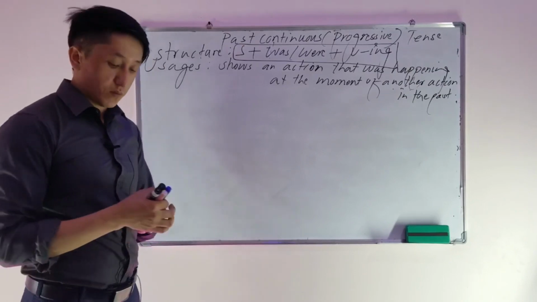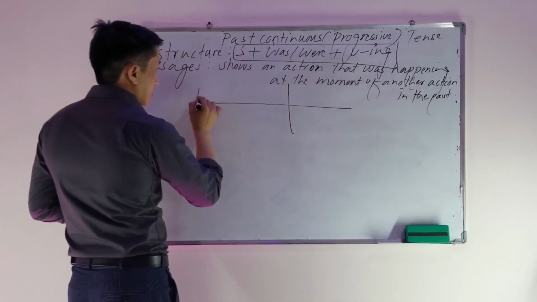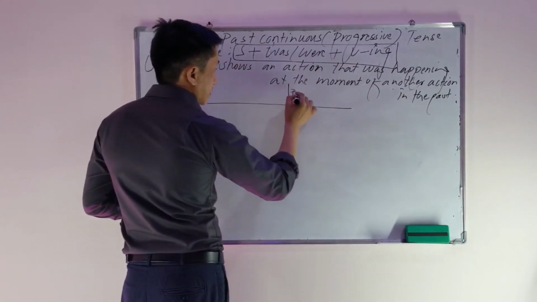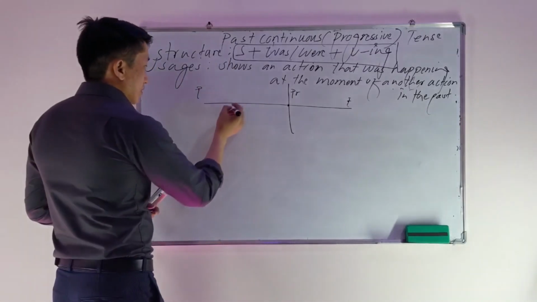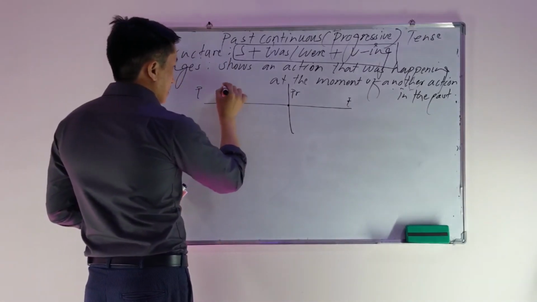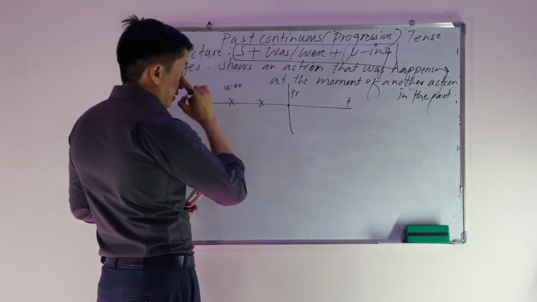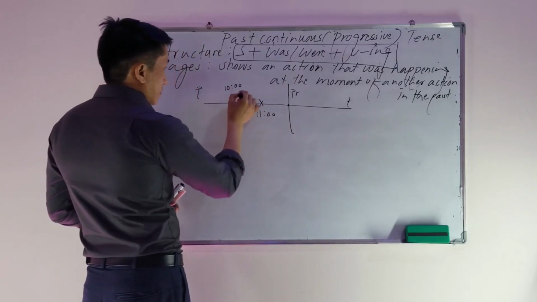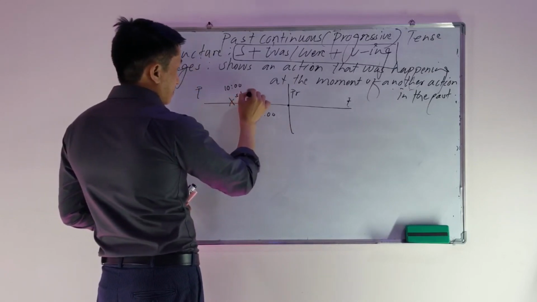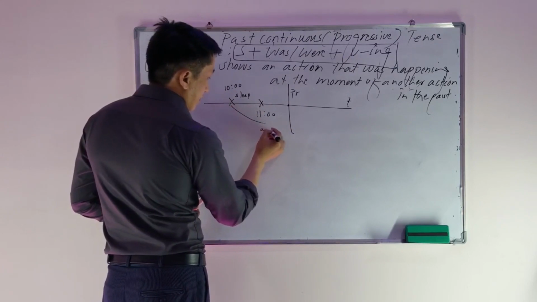use past continuous tense. For example, if I have a chart here, this is the past, here present, and this is future. If, for example, one person started sleeping at 10 o'clock, and now here in the past after that, it was 11 o'clock. So the person started sleeping, and when another person came yesterday here, the action of arriving happened.